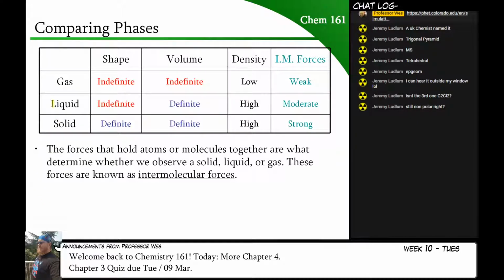Whereas in a liquid, the molecules are much closer together, and so those molecules are held together by something. Otherwise, they would just expand apart from each other, because all molecules move, right? They move in straight lines until they bonk into something, or some other force causes them to change trajectory.